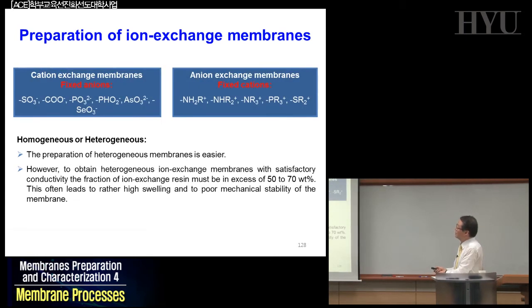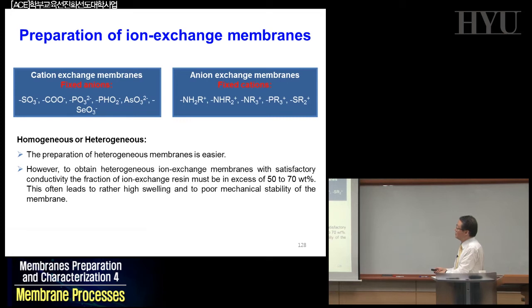Again, the fixed anion for the cation exchange membrane, CM, is sulfonic acid, carboxylic acid, phosphoric acid, stuff like that. And AM has ammonium salts or phosphonium salts, and so on.